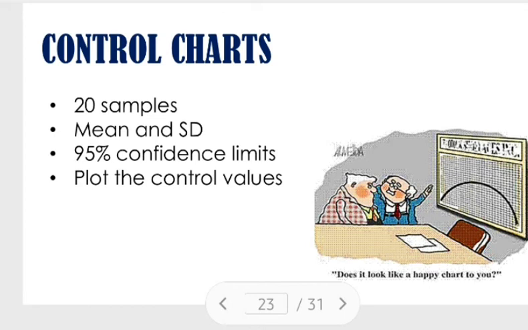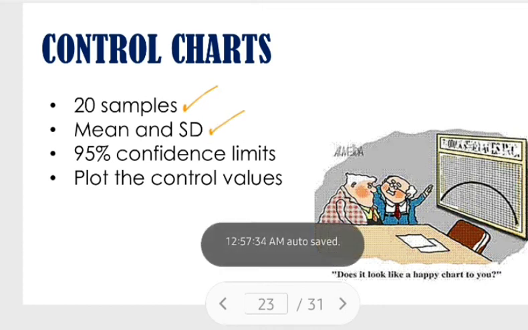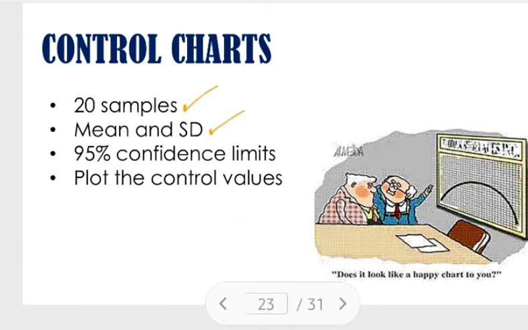First, obtain at least 20 control values. Then calculate the mean and the standard deviation. Next, calculate the confidence limit, which is the 95% or the mean plus or minus 2 SD. And lastly, plot the control values on the y-axis against time on the x-axis.